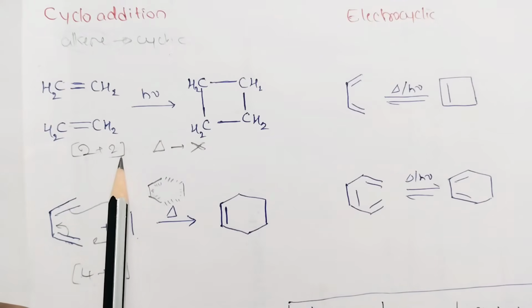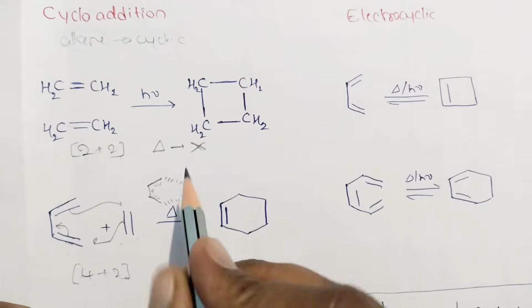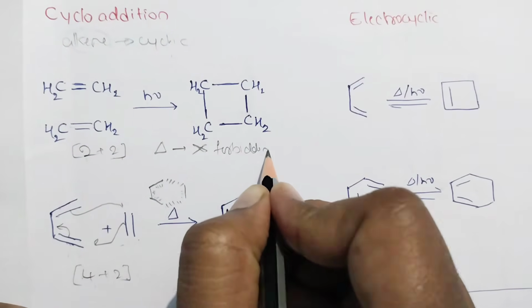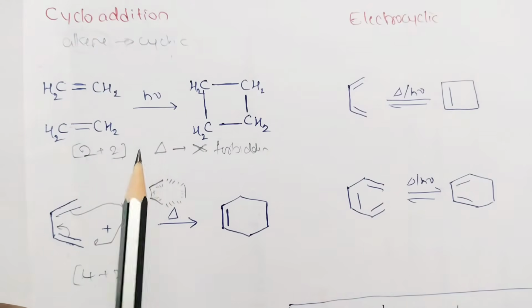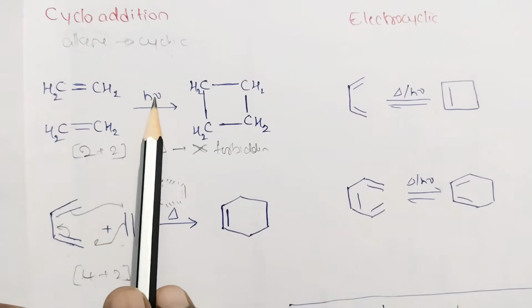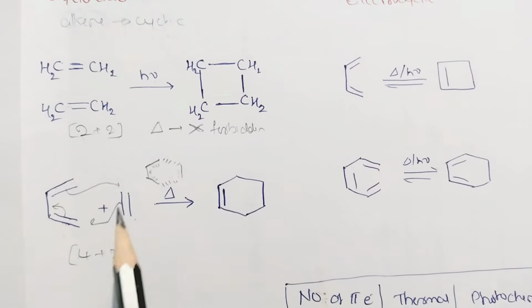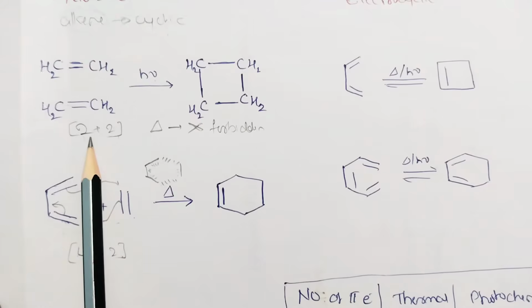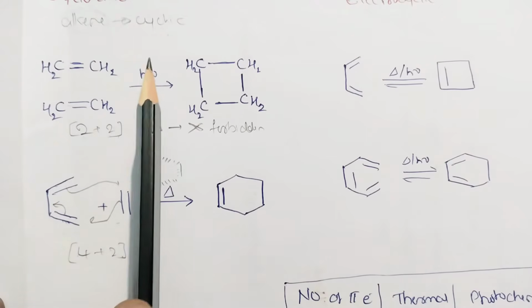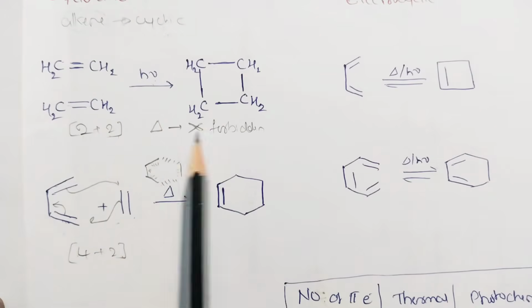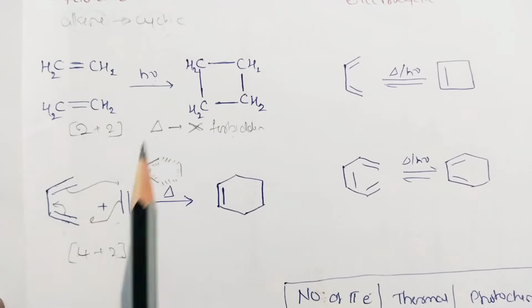2+2 cycloaddition reaction is forbidden under thermal conditions, but it is allowed under photochemical condition. This is very important. These are the points to be remembered. So remember this: 2+2 cycloaddition reaction is allowed under photochemical conditions, but it is forbidden under thermal conditions.